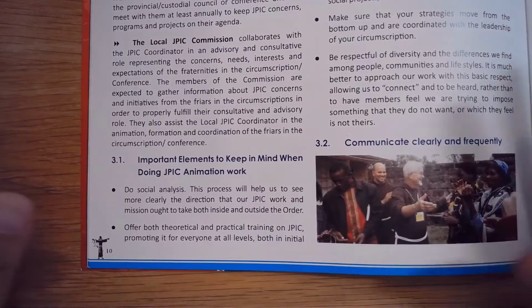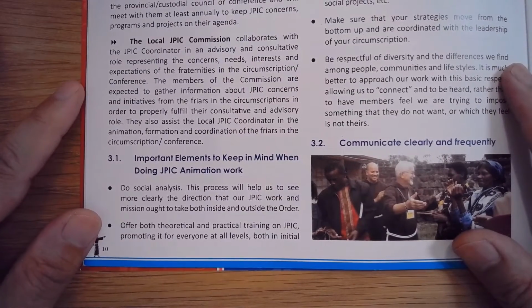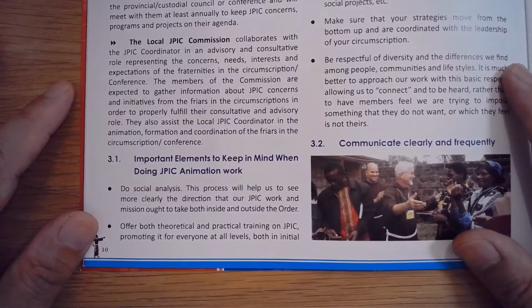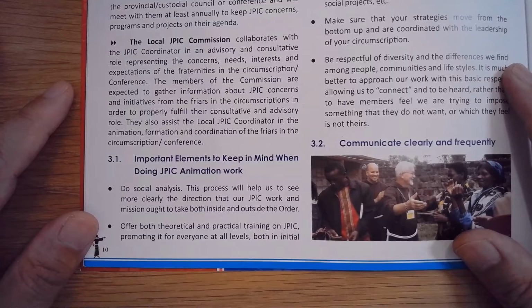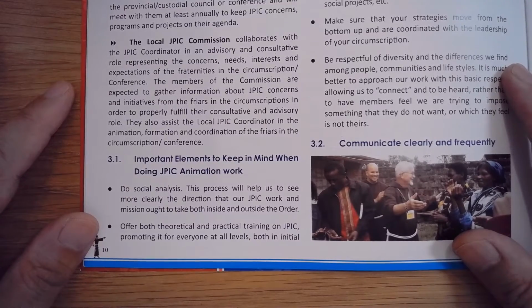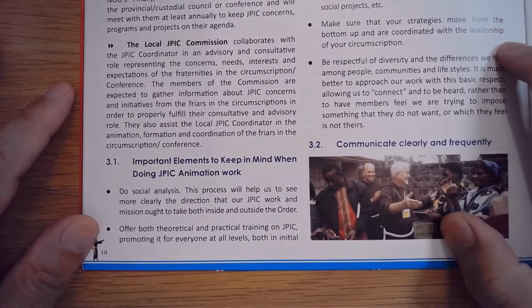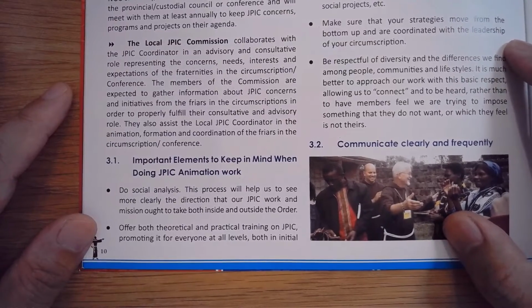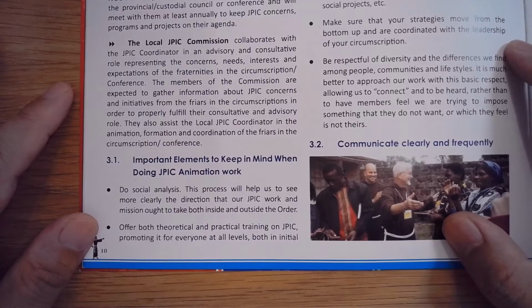So how do we do it? Part of it is really going to the communities and staying with them, listening to the community, and also experiencing their life. One of the most ideal JPIC apostolates is that you do not just stay in the convent. You go to the community, spend a few days living with them. You experience their hardships.